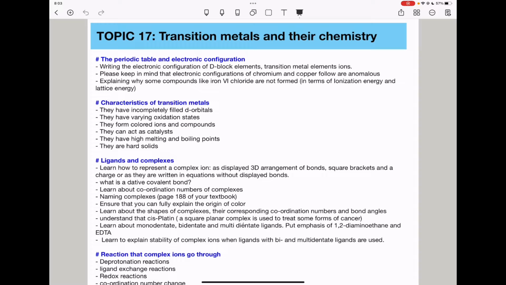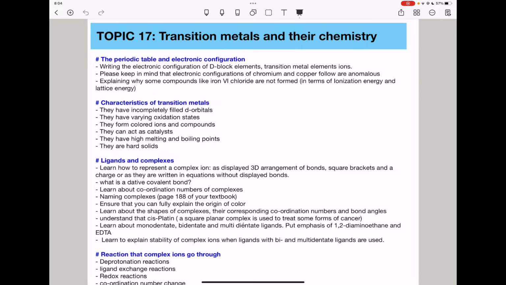To ionize iron until iron(VI), there is a lot of endothermic ionization energy that has to be put in. So, if the lattice energy formed when the iron(VI) as well as the chloride meet is not great enough, then it cannot compensate for the endothermic ionization energy that was required. Therefore, iron cannot be oxidized to those very high oxidation states. So, reason this in terms of ionization energy, which is endothermic, and lattice energy formation, which is exothermic.